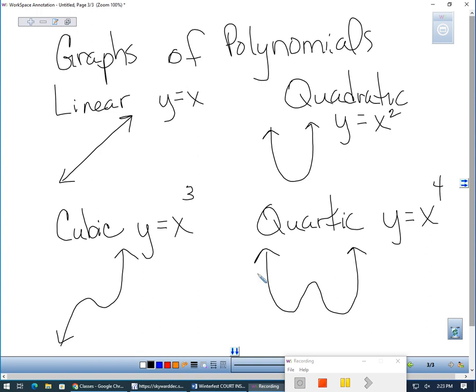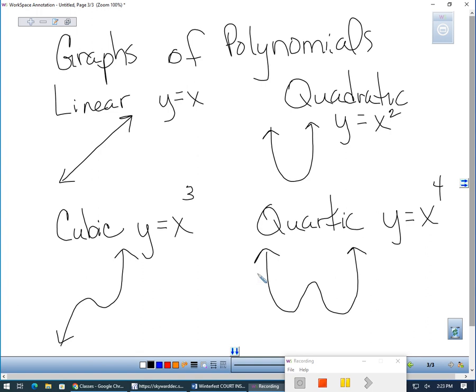All right, so now looking at the graphs I have up there, I want to talk about their end behavior. What do you notice about their ends? Look at the exponents. We're talking about the end behavior.